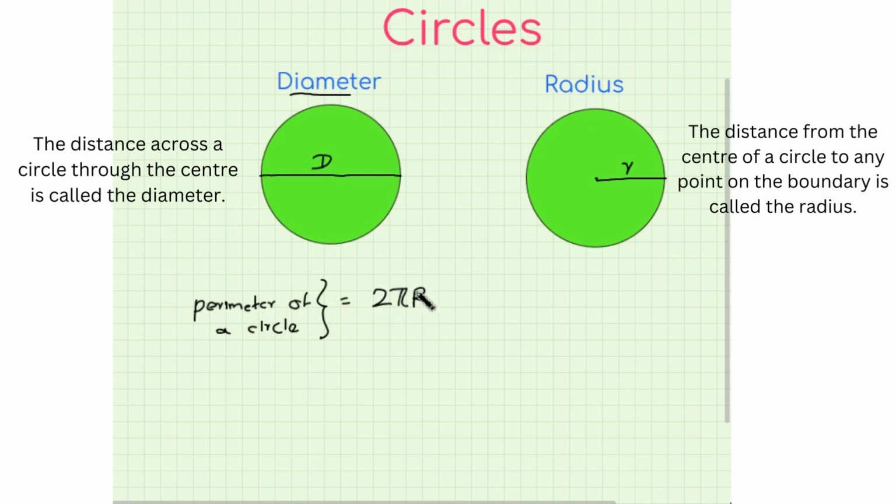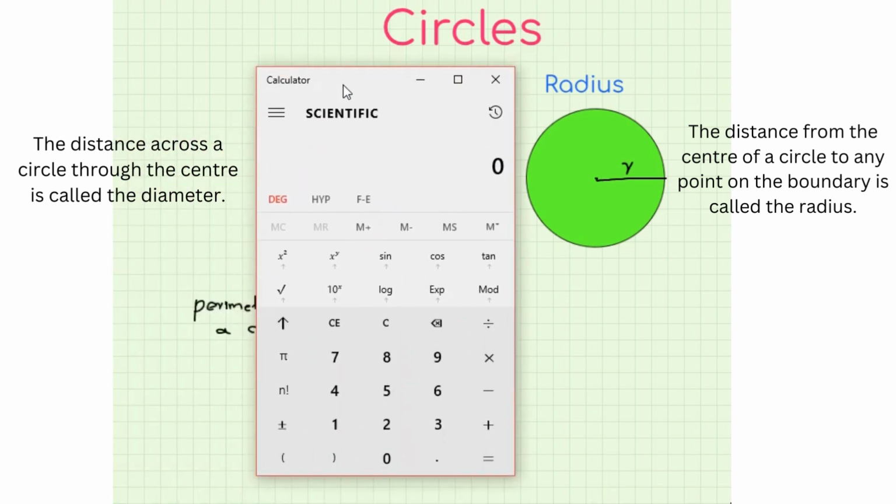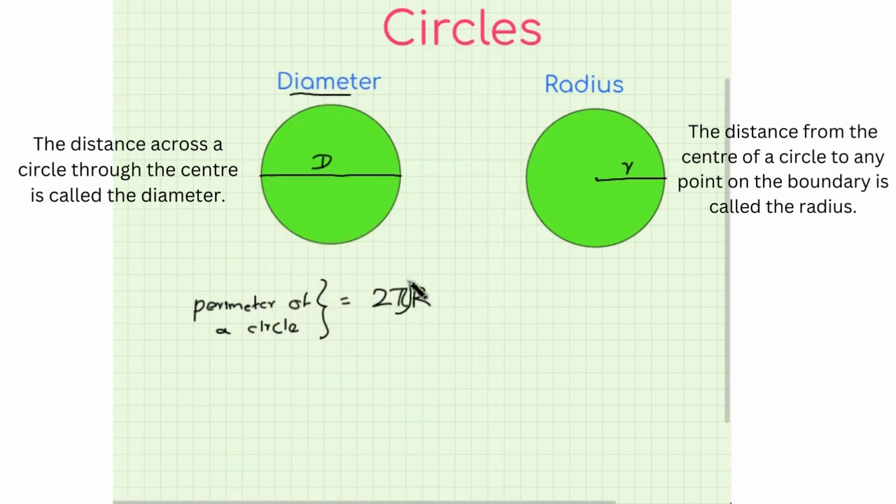So this symbol here is called pi. If you take out your calculator, let me show the calculator of the computer, you can see the pi sign right here, right? So this pi actually stands for a number that basically doesn't end. It goes like 3.14159 and it keeps on going. It doesn't stop.